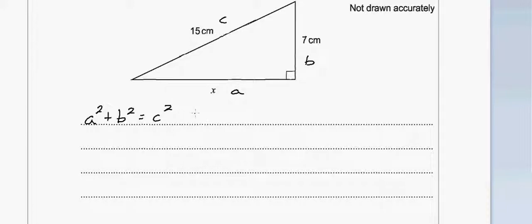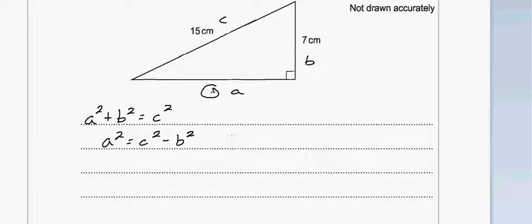Now we want to find a, this length here. We know b and we know c, so we need to get these together. So a squared will equal c squared minus b squared.